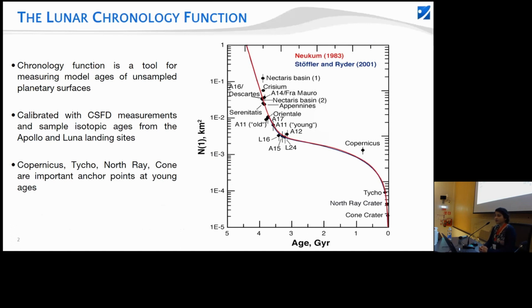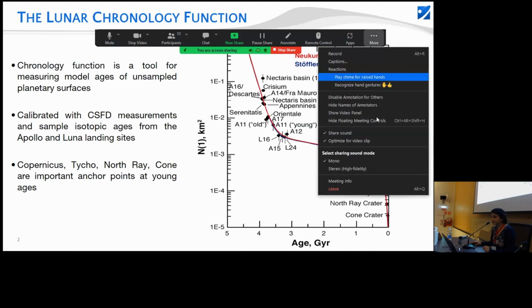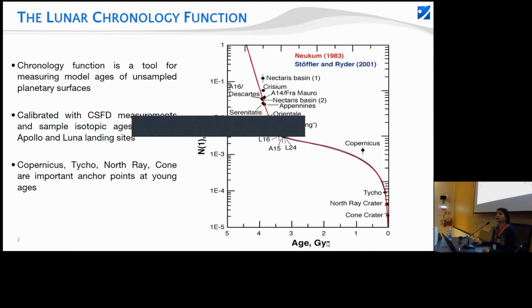If you see on the y-axis, this is showing the crater density on the surface in logarithmic scale, and on the x-axis are isotopic ages. This chronology is based on lunar and Apollo samples.